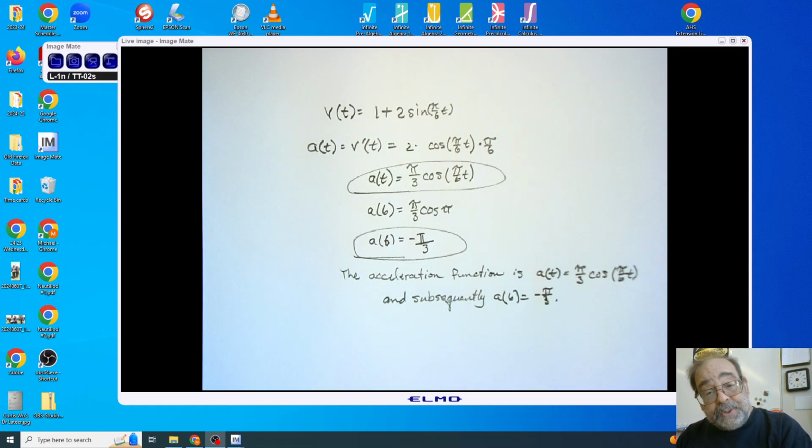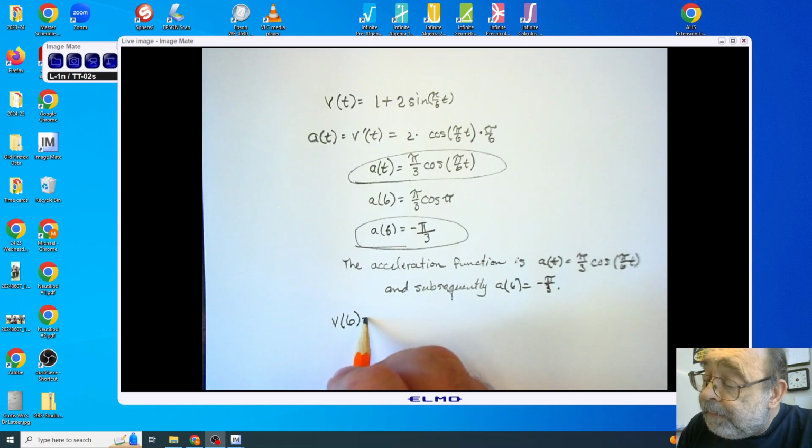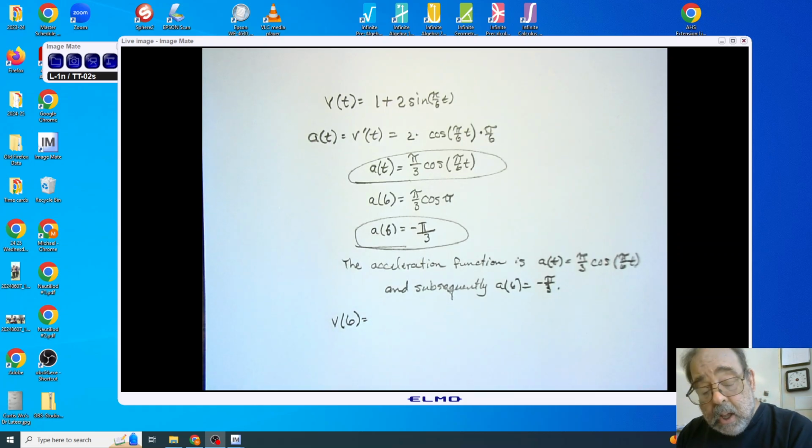The last one is, is the speed of the particle increasing or decreasing at t equals 6? Now, in order to answer this question, I am going to have to first find out what is v of 6. Because speed, decreasing or increasing, is a direct result of both velocity and acceleration at that time.